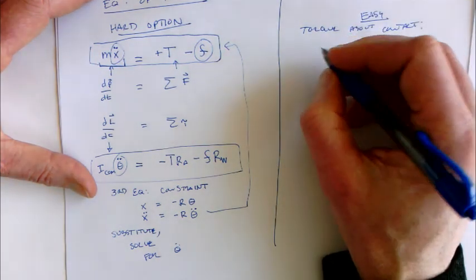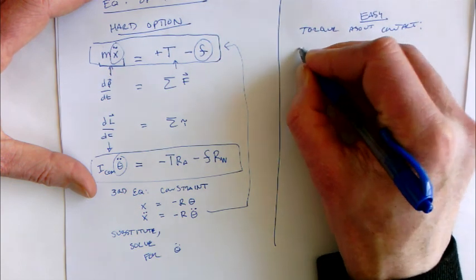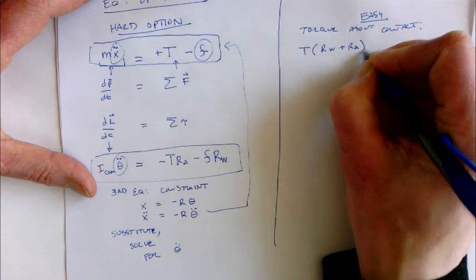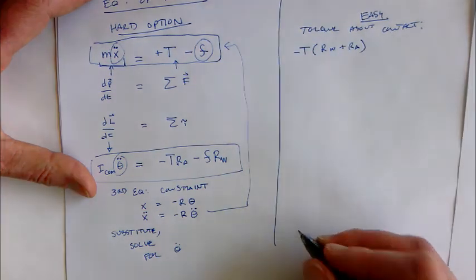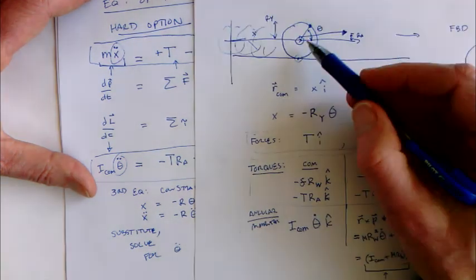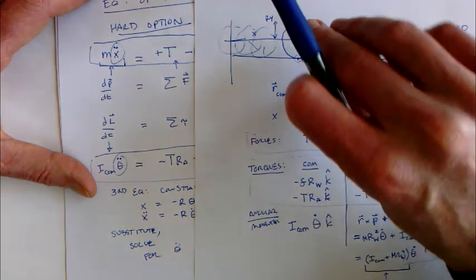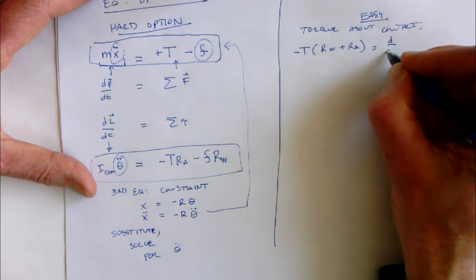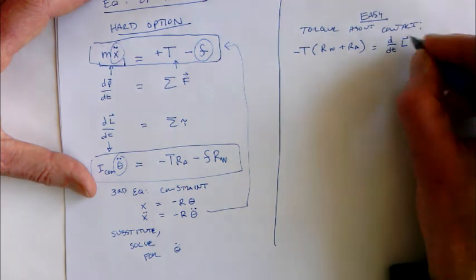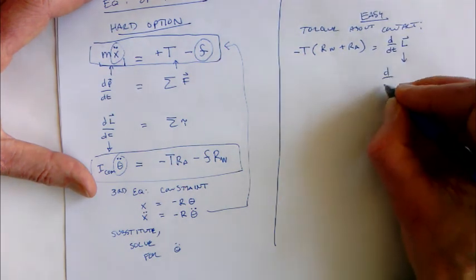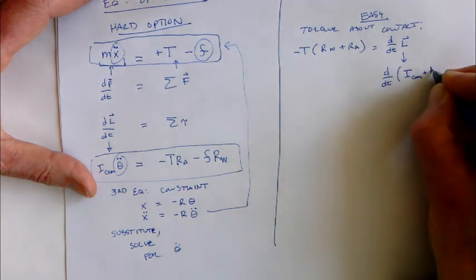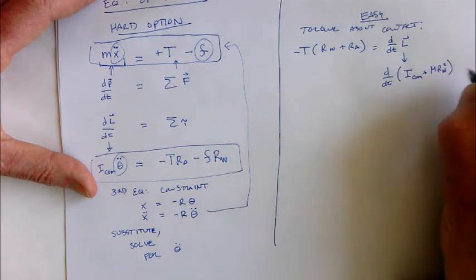then what do we have? Well, the torque about the contact point is the tension in the string times R_w plus R_axle with a negative sign, right? Because if we look back at this, that torque is tending to rotate this whole wheel clockwise. And that's equal to the time rate of change of the angular momentum. Well, the angular momentum is the moment of inertia about the center of mass plus m times the radius of the wheel squared times theta dot.